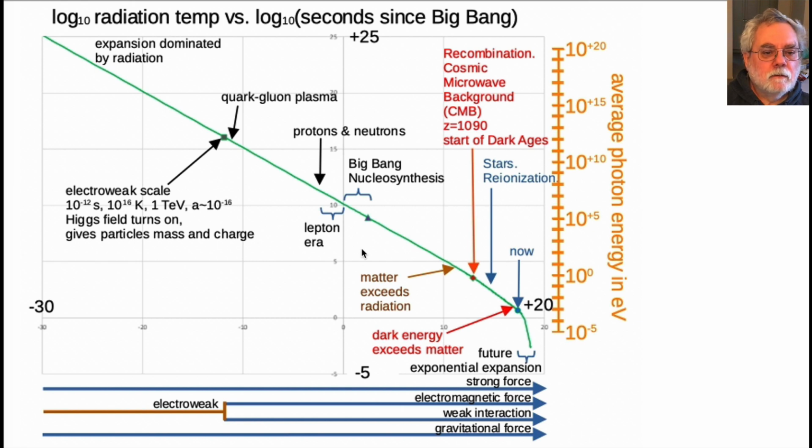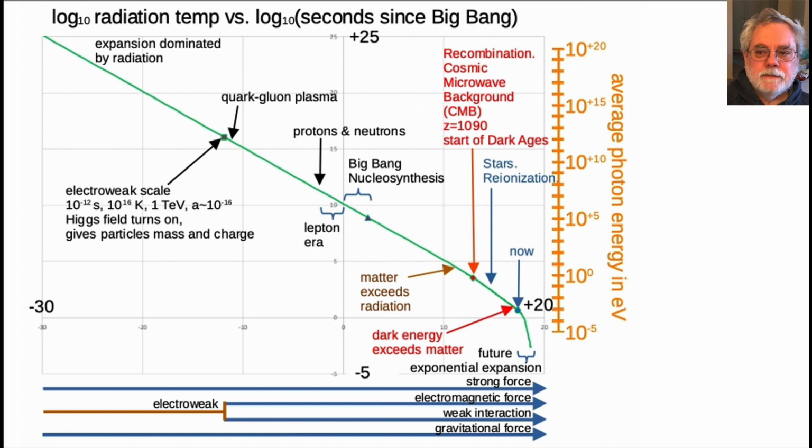Here is 1 second, and here is now. The vertical scale is the logarithm of the radiation temperature in Kelvin, from minus 5 at the bottom to plus 25 at the top. We can also read the average photon energy in electron volts on the orange scale on the right side.